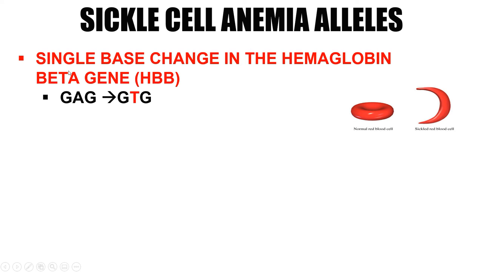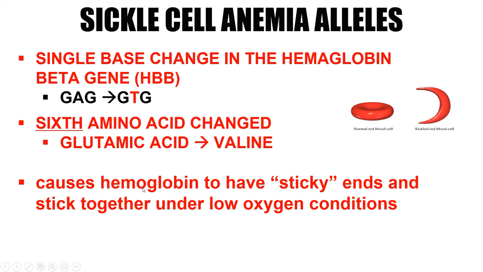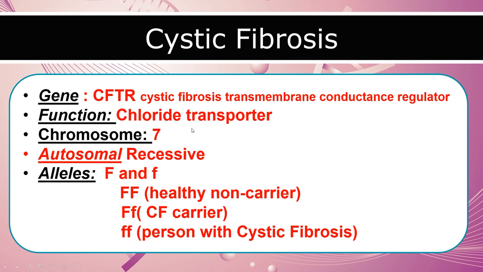So you do have to know these details, that it is a single base change, GAG to GTG in codon number 6, which is causing a change in the amino acid, in that 6th amino acid, from glutamic acid to valine. So this causes that hemoglobin to be sticky under low oxygen conditions and will eventually give it that sickle cell shape, which causes all the other problems that you see in sickle cell anemia.